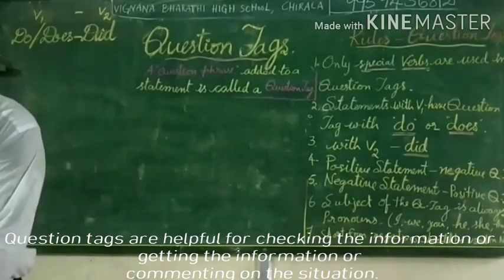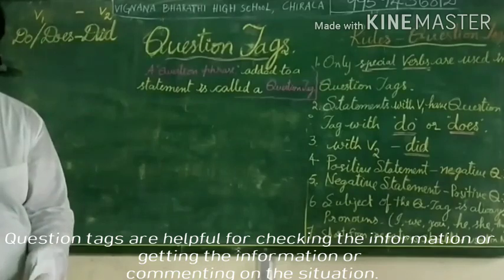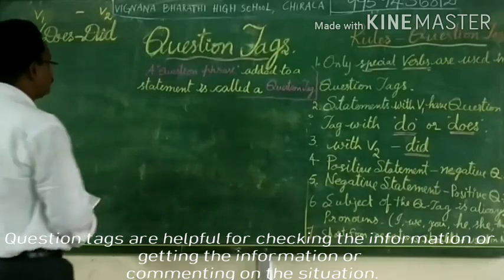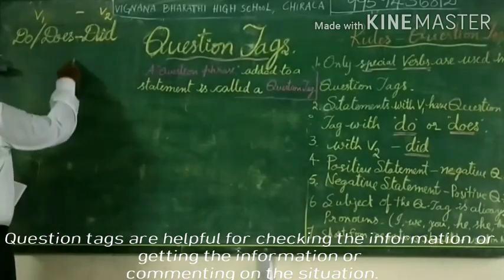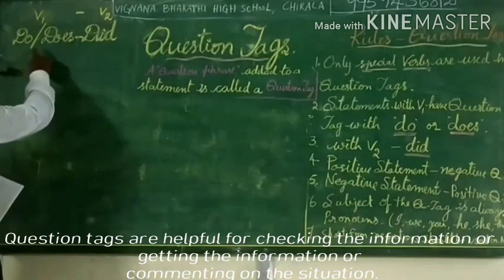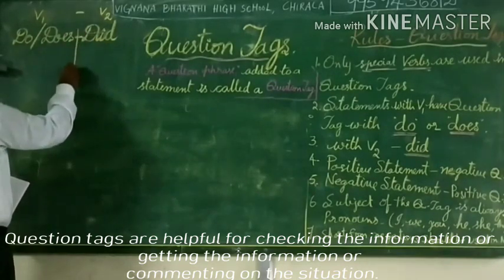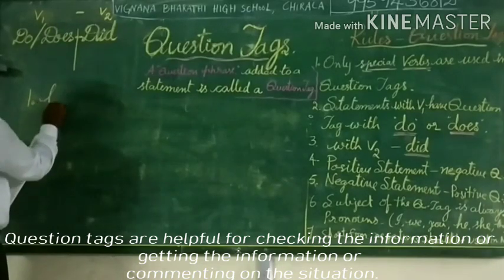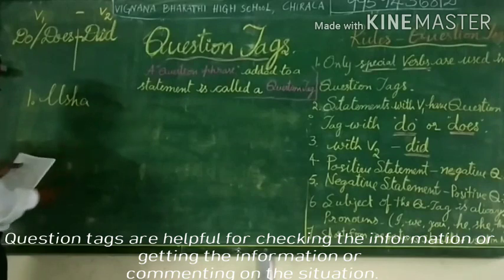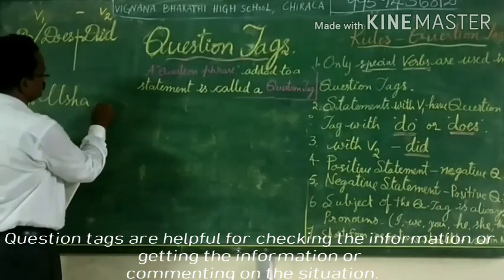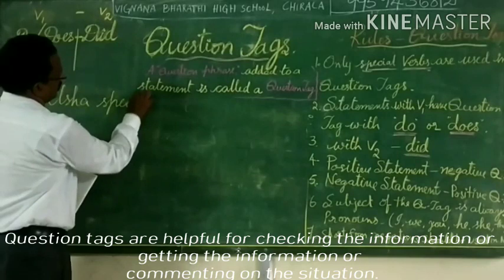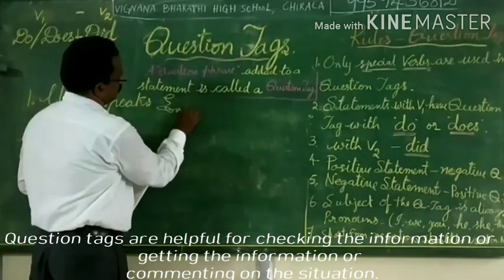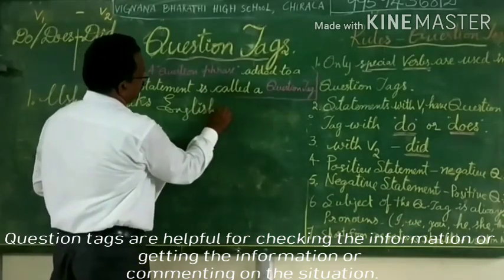Now, some other examples belong to the does form in the present tense. Already we did for do under verb 1 in the present tense. Now this is: Usha speaks English well.